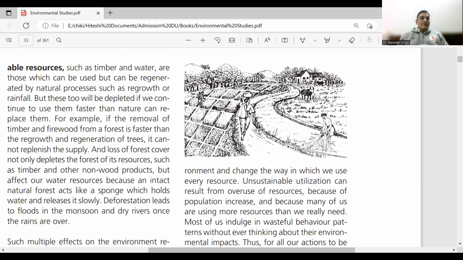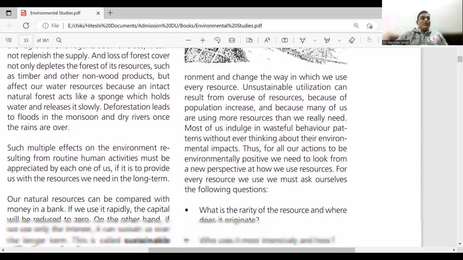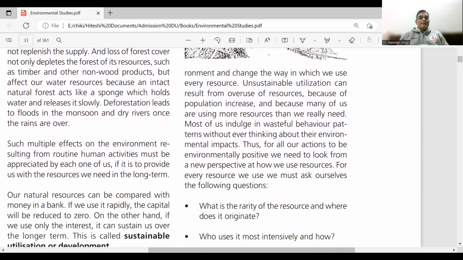For example, if the removal of the timber and the firewood from a forest is faster than the regrowth and regeneration of trees, it cannot replenish the supply, and loss of forest cover not only depletes the forest of its resources such as timber and other non-wood products but affects our water resources because an intact natural forest acts like a sponge which holds water and releases it slowly.